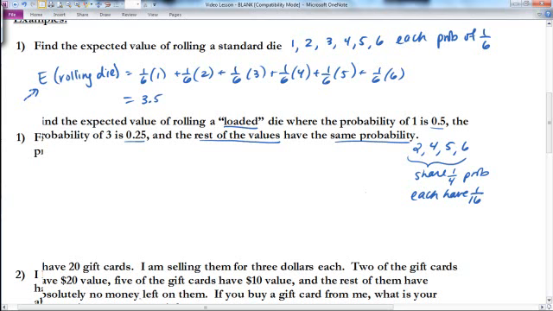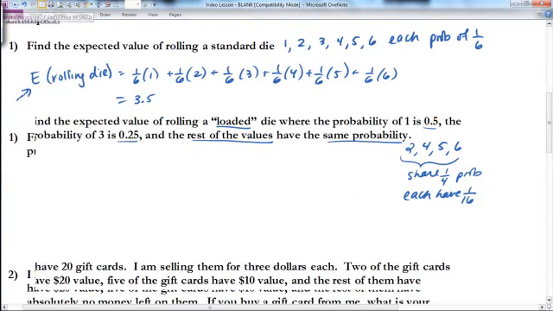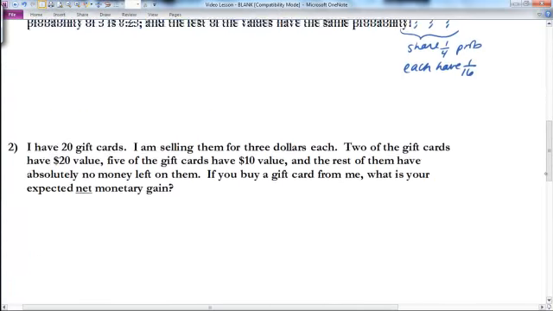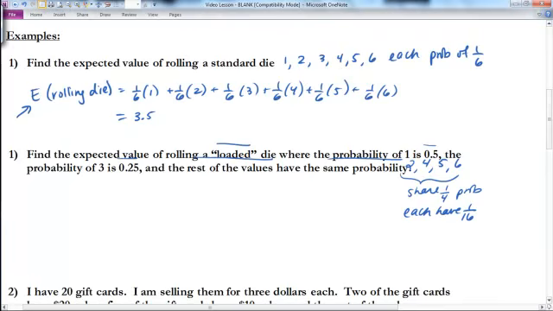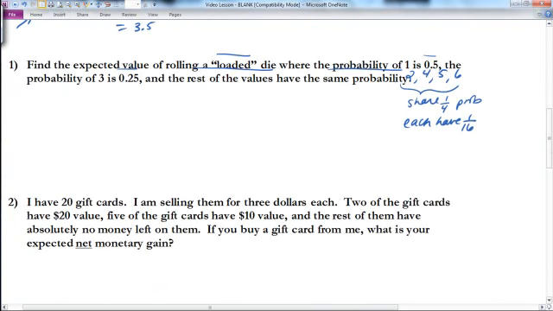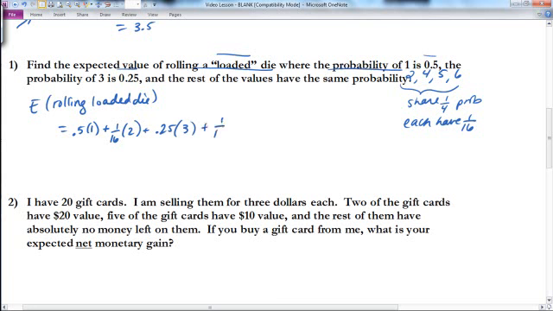So our expected value here of rolling this loaded die would be found by doing a 0.5 times the value of 1 plus a 1/16 times the value of 2, a 0.25 times the value of 3, and then again a 1/16 times the 4, the 5, and the 6.